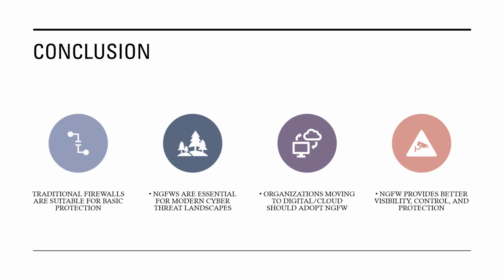It gives you more control. It gives you more visibility into what is moving in and out of your environment. It gives you control over the traffic going into your environment. I hope this small explanation helped you understand the major difference between a traditional firewall and the next generation firewall.